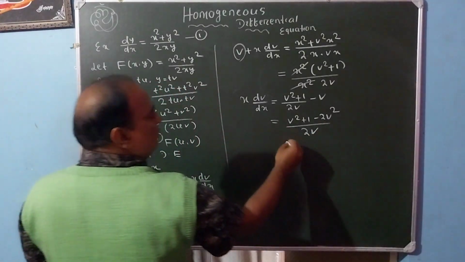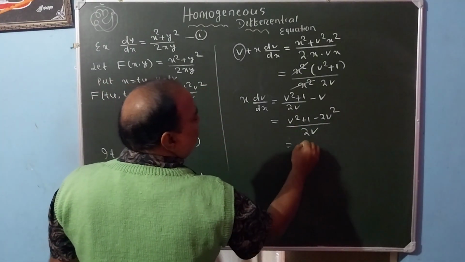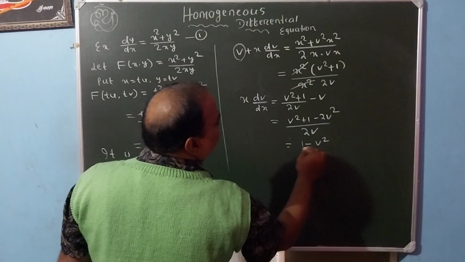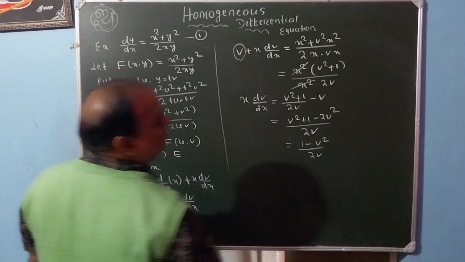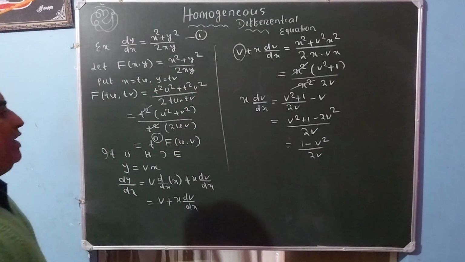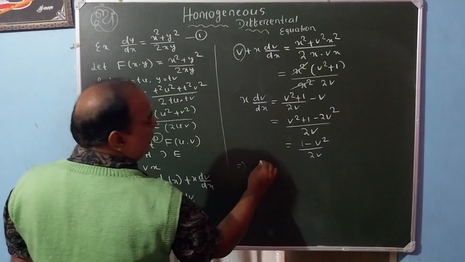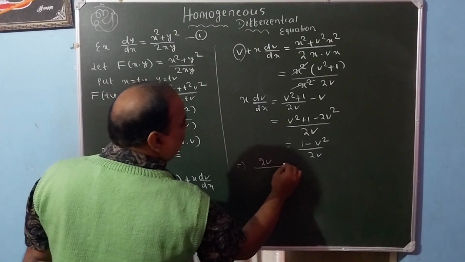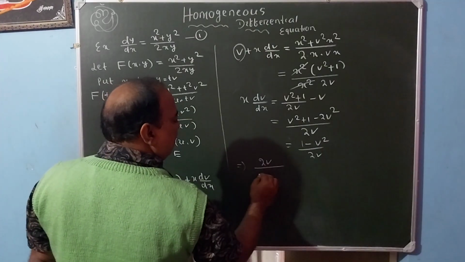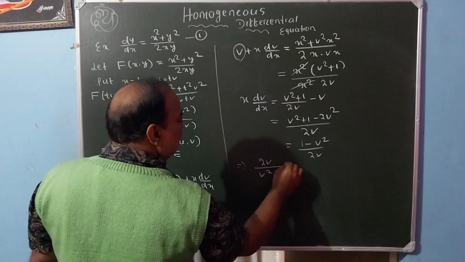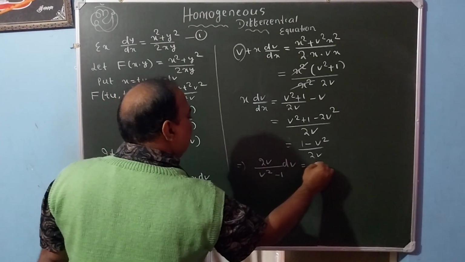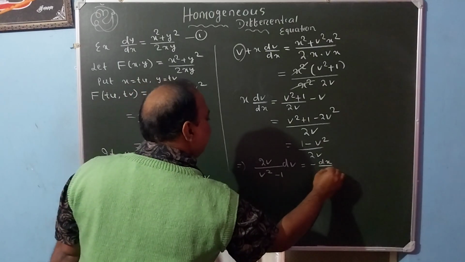We get (1 minus v square) by 2v. Now we have to separate the variable. 2v will multiply here, by taking minus common, 2v by (v square minus 1) into dv is equal to minus dx by x.